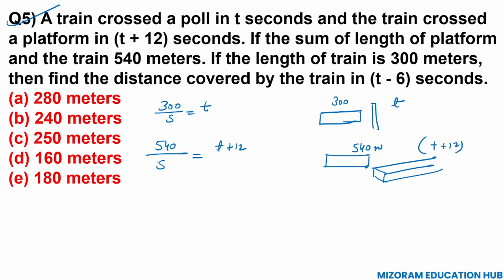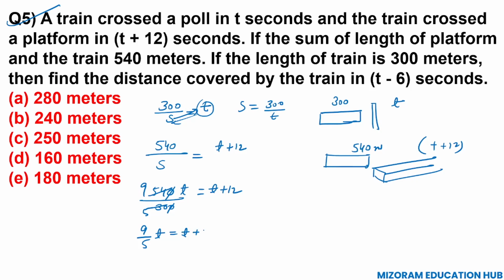So the length of the train divided by its speed is equal to the time, and the length plus the platform divided by the speed is equal to T plus 12. Now the value of S becomes 540 by T. So 540 by 36 by T equals T plus 12. Now the zeros cancel, 9 times 6 and 5 times 6, so 9 by 5 T is equal to T plus 12. Moving T over, 9 by 5 T minus T is equal to 12.